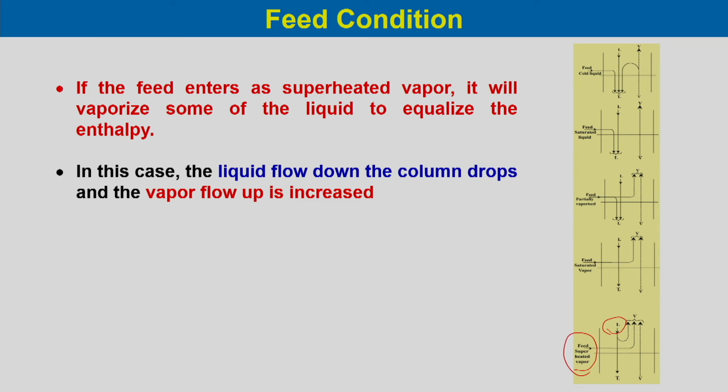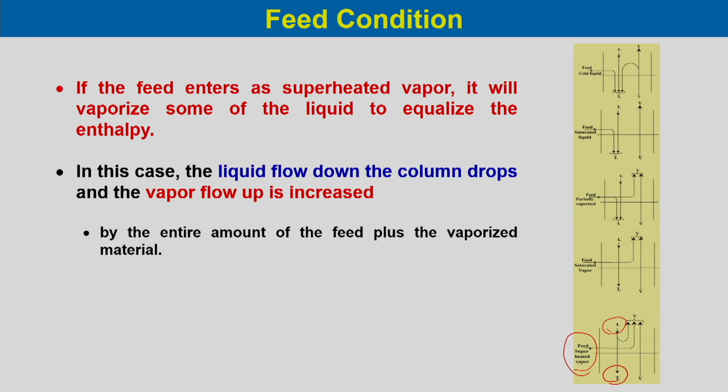So, in this case the liquid flow down the column decreases and the vapor flow up the column increases, by the entire amount of the feed, because it is superheated vapor, plus the vaporized material from the liquid vaporization. So, that will add to the vapor flow which is already coming.